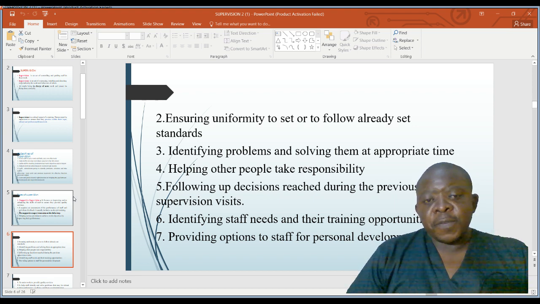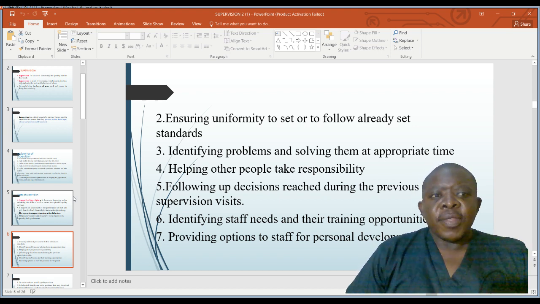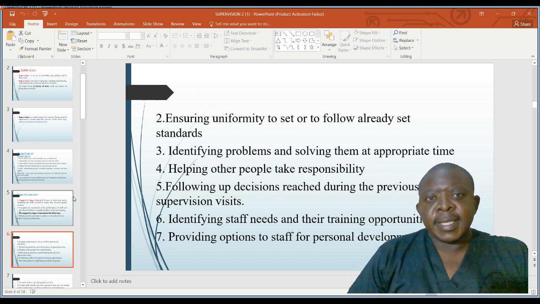Supportive supervision also helps in identifying staff needs and their training opportunities. Then the other objective is that it provides options to staff for personal development.